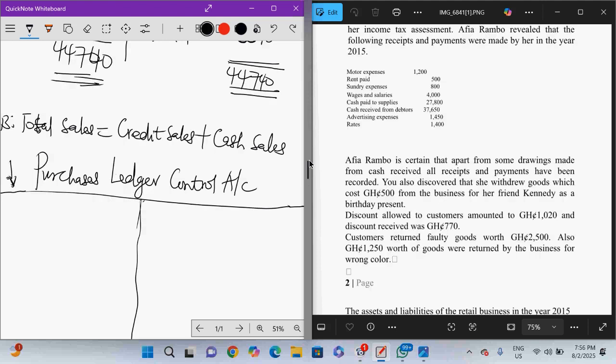So here, the purchases ledger control account, we are buying from our suppliers, right? So here we are the customers to the suppliers. You can see that the debit side decreases our debt, and the credit side increases our debt.